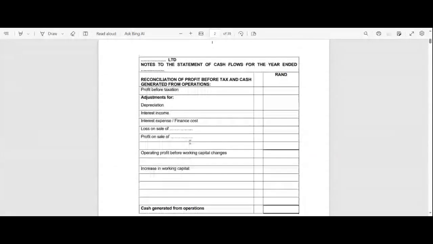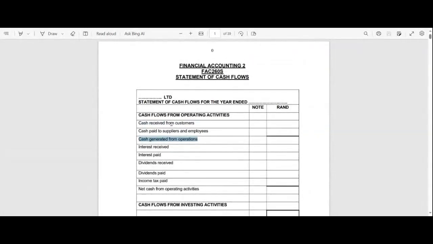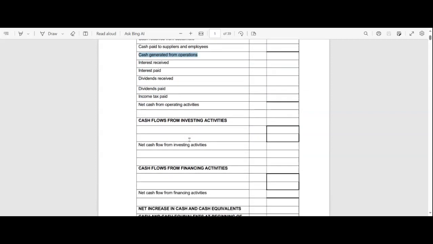Here we'll see it's a different matter. Whereas in the direct method, when it comes to the cash generated from operations, we only look at the dealings and wheelings with our customers and our wheelings and dealings with our suppliers and employees to calculate our cash generated from operations. But in the indirect method, it works differently.